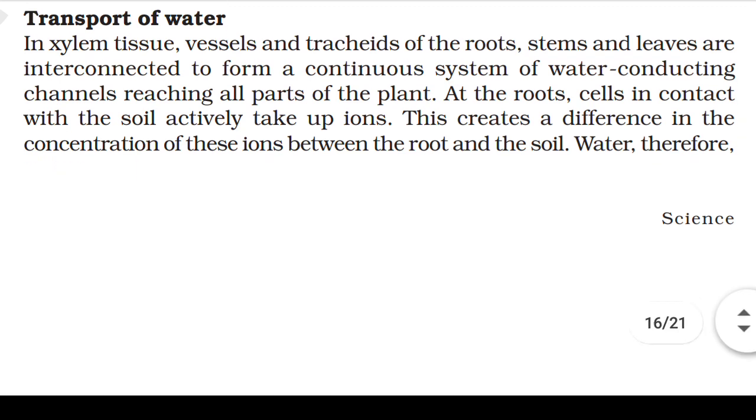In xylem tissue, vessels and tracheids of the roots, stem and leaves are interconnected to form a continuous system of water conducting channels reaching all parts of the plant. At the roots, cells in contact with the soil actively take up ions. This creates a difference in the concentration of these ions between the root and the soil.